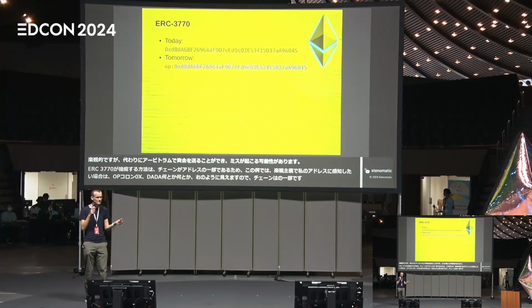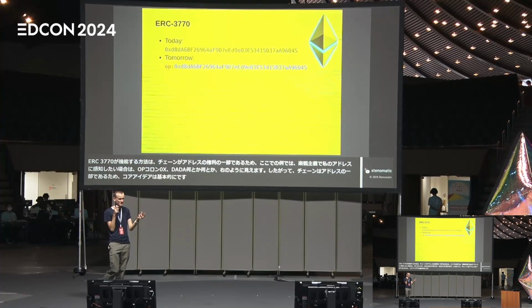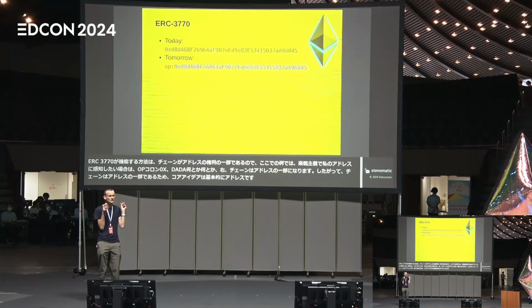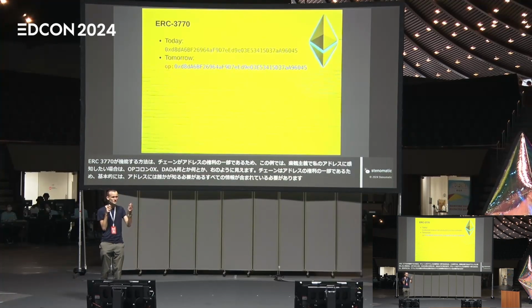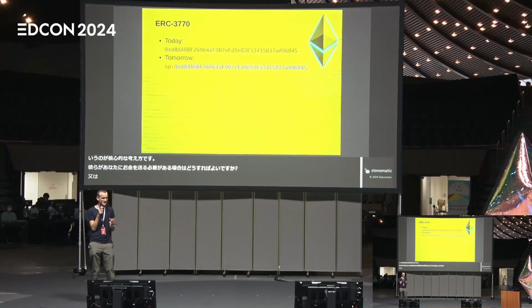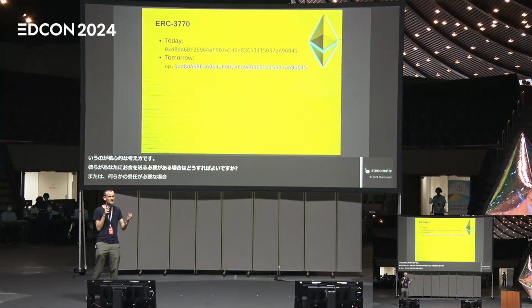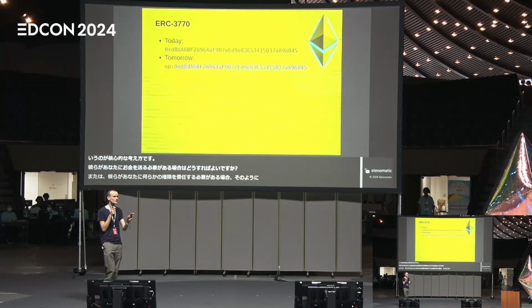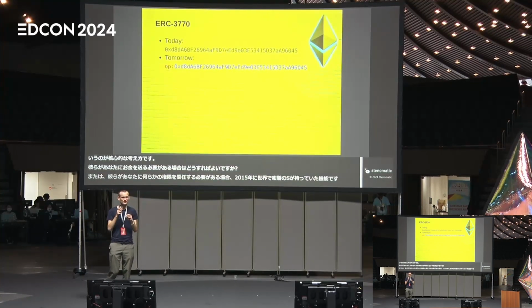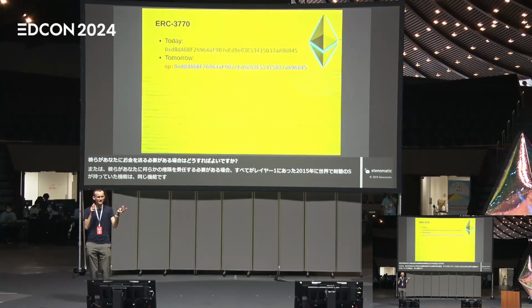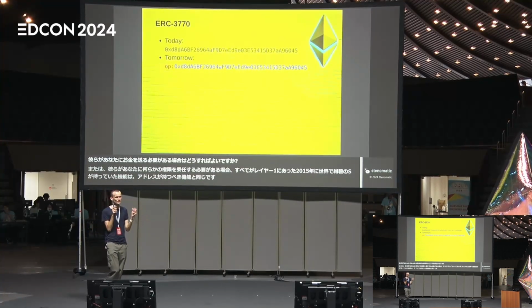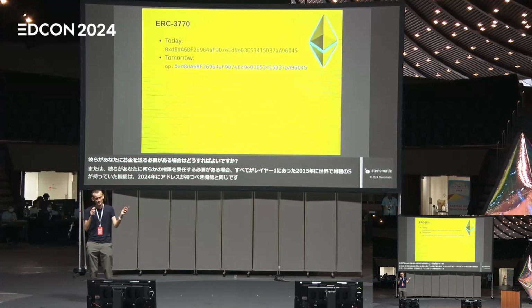So the core idea is basically that the address should contain all of the information that someone needs to know what to do if they need to send you money or if they need to delegate some kind of authority to you, right? So the function that an address had in the world back in 2015 when everything was on layer 1, that's the same function that an address should have in 2024 when we have all of these different layer 2s.